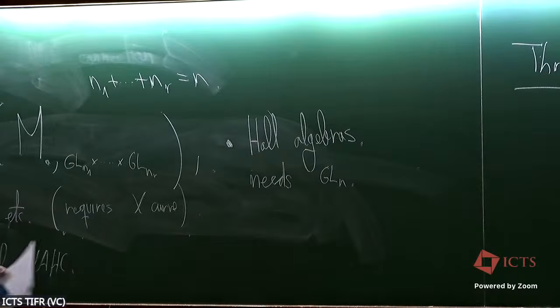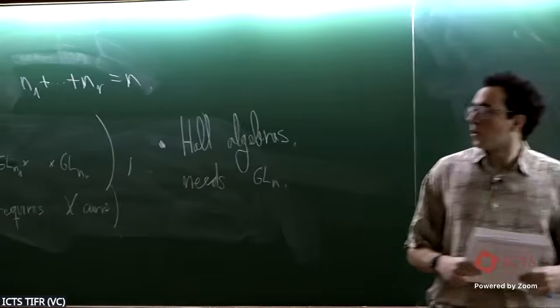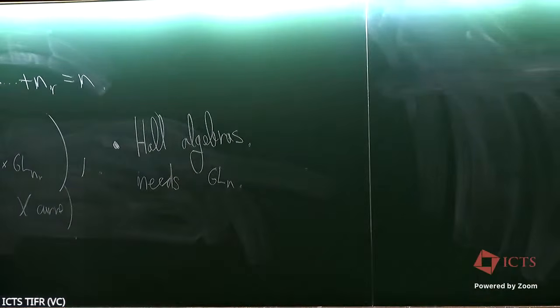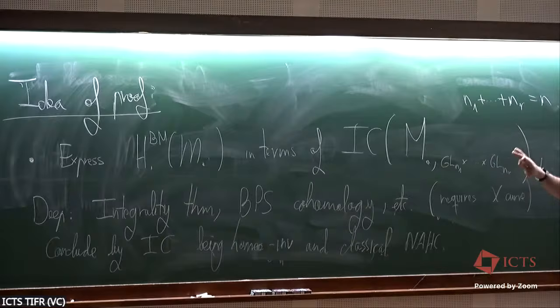All right, so basically the main thing that's needed is that these moduli stacks are symplectic, so that really requires X to be a curve. Does that use more beyond the geometry of moduli spaces? In some sense, not that much more.